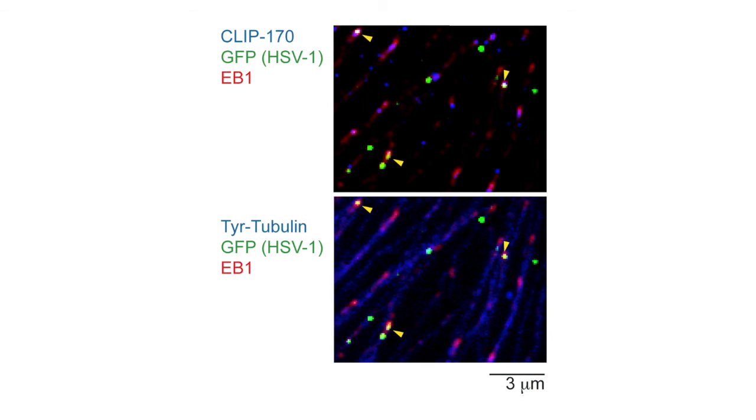EB1, CLIP-170 and dynactin therefore appear to act like a receptor complex for herpes virus particles, allowing the virus to bind to the plus ends of dynamic microtubules before initiating dynein-mediated retrograde transport to the host cell nucleus.